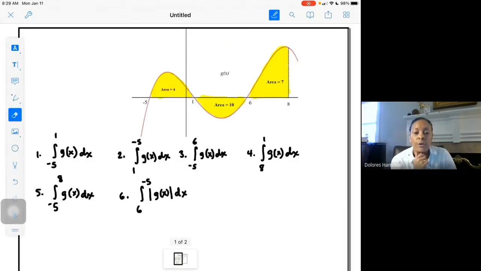So why don't you take a look at what these definite integrals are saying, pause and see if you get the same values that I do.